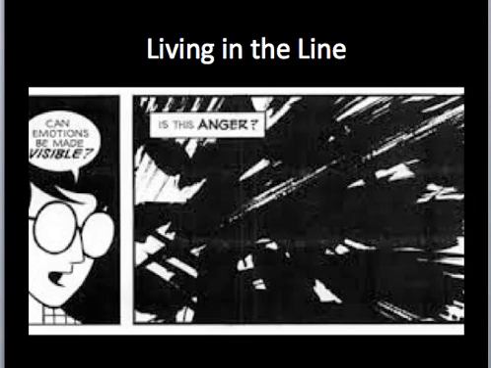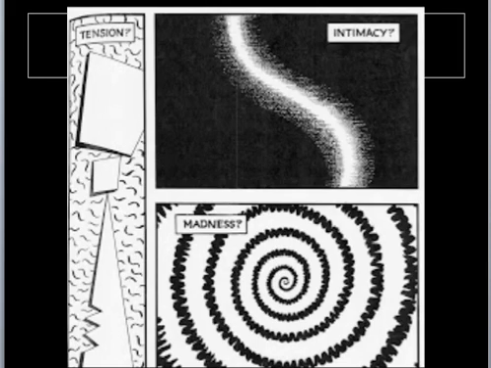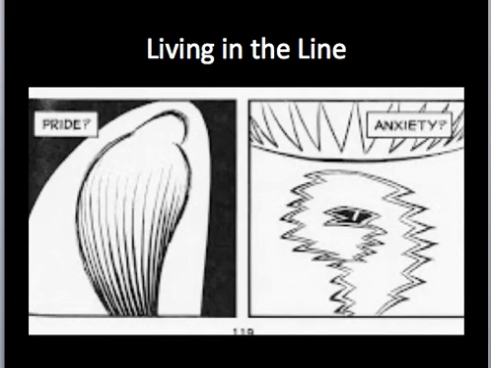So, living the line, and we'll just go over a couple of these things: how emotion is made visible, and that's through the line. Here Scott's saying that's anger. And here is tension, or intimacy, or madness, pride, or anxiety.